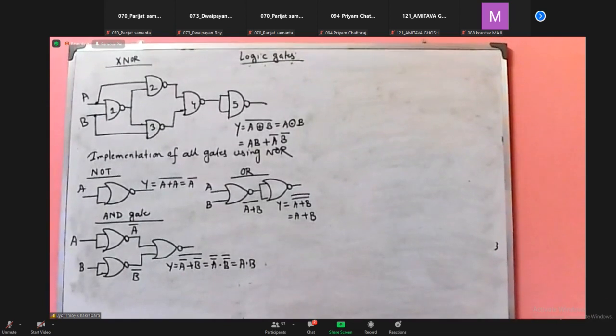Now, can anybody tell me how you can implement the XOR or XNOR gate using NOR gate? XOR or XNOR?